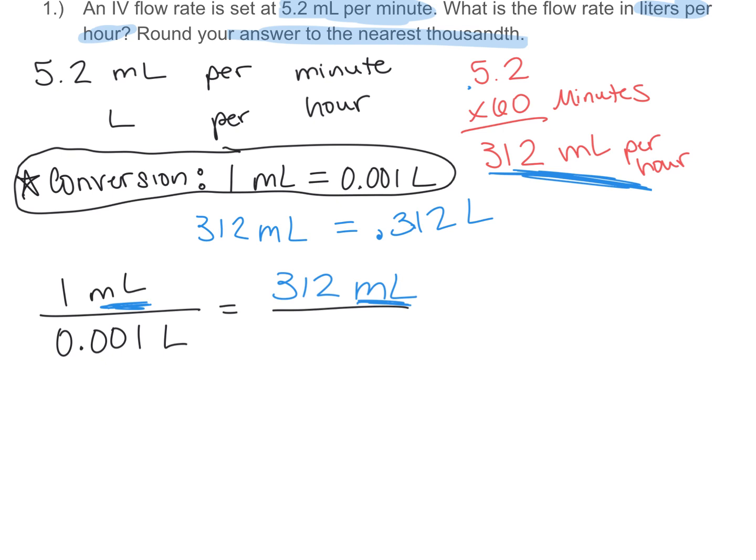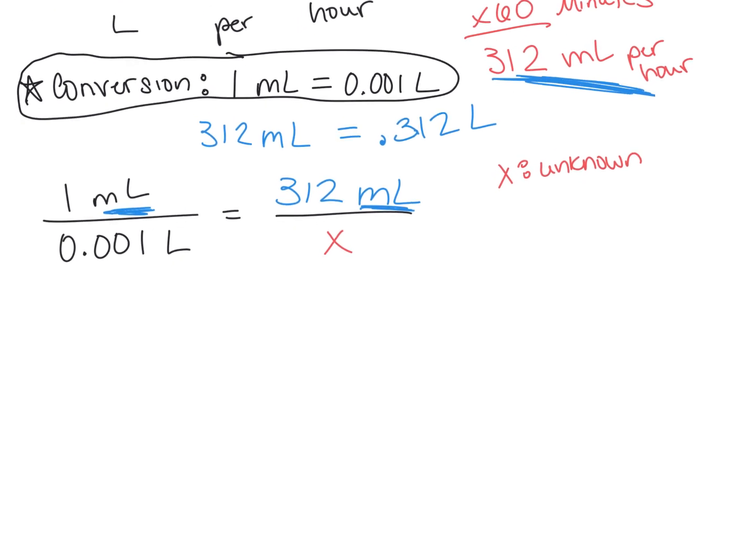Now what I'm trying to find are liters, so X is my unknown, and I should get an answer in liters. From here, I can cross multiply.